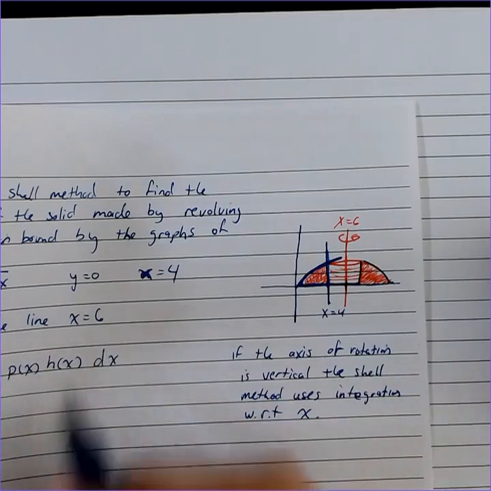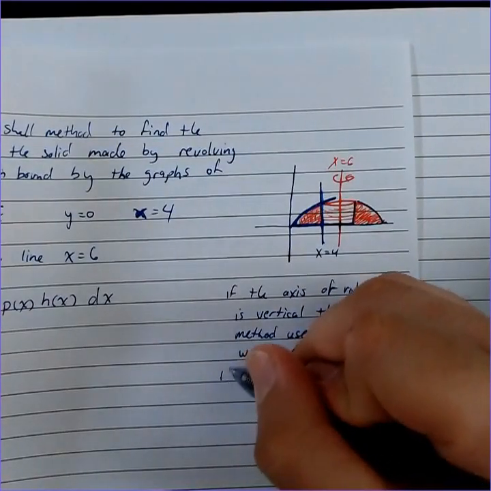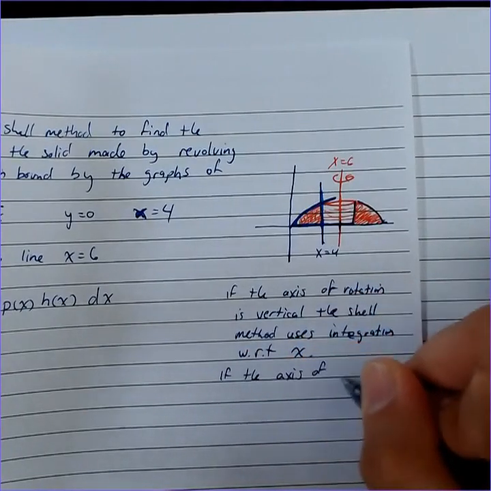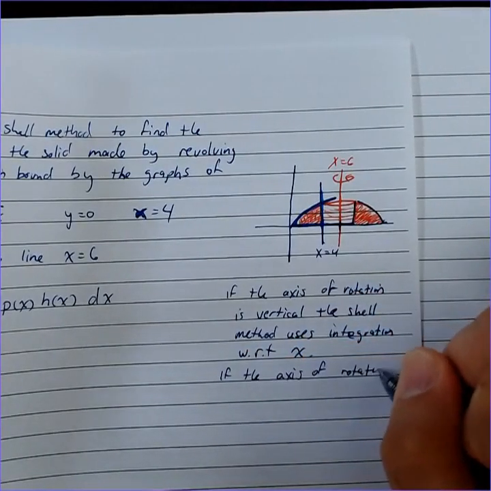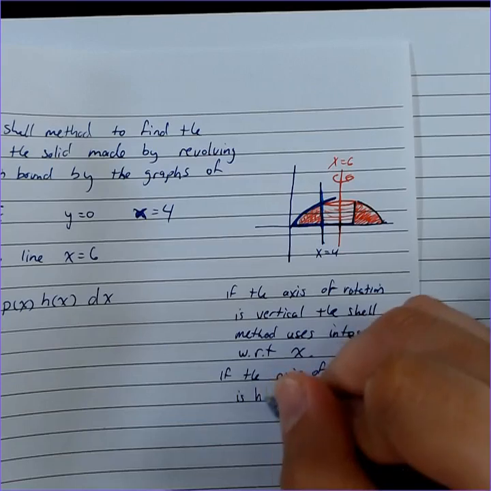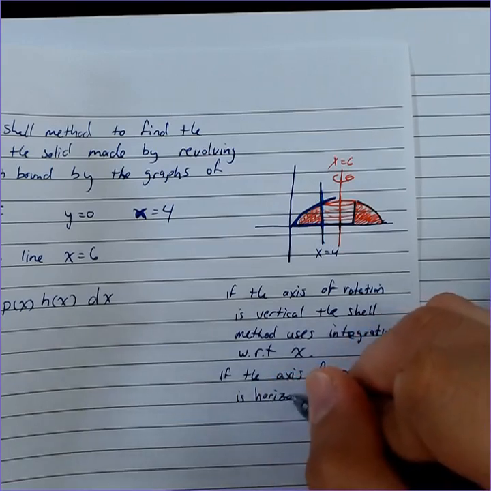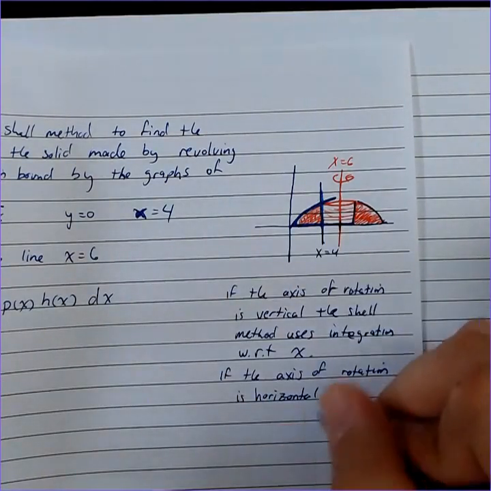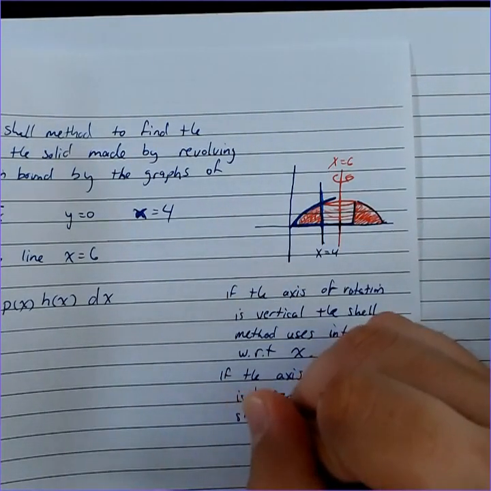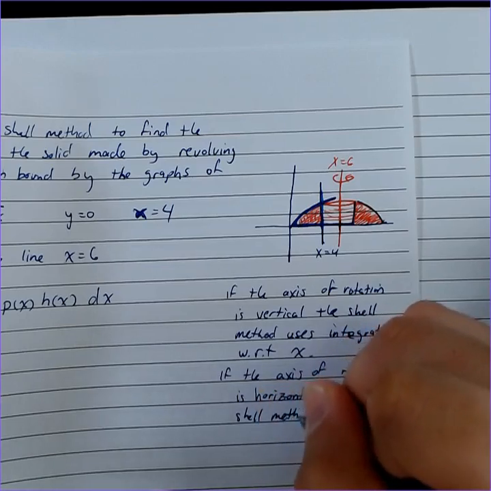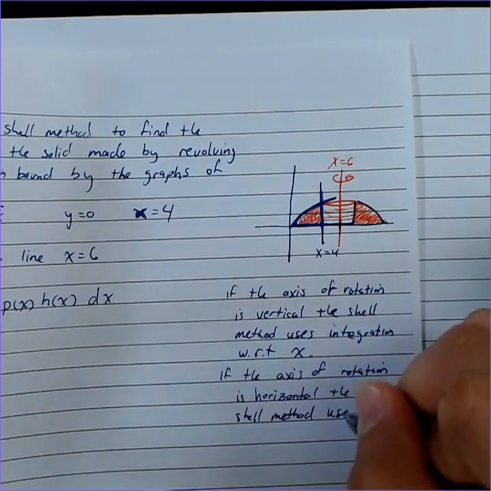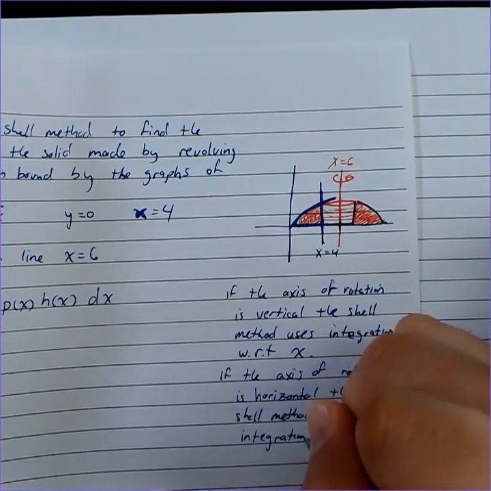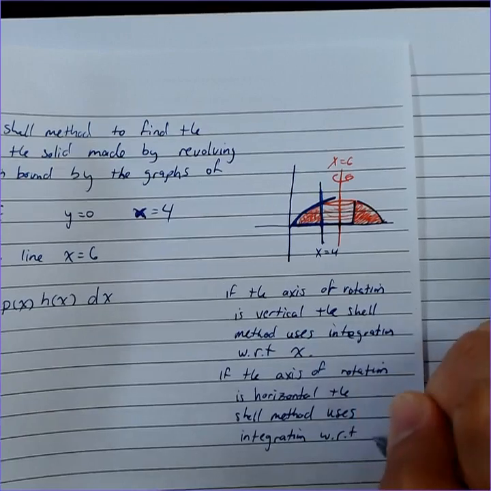So you'll see dx here. On the other hand, if the axis of rotation is horizontal, like we saw in the previous example, either the x-axis or parallel to the x-axis, the shell method uses integration with respect to the y variable.